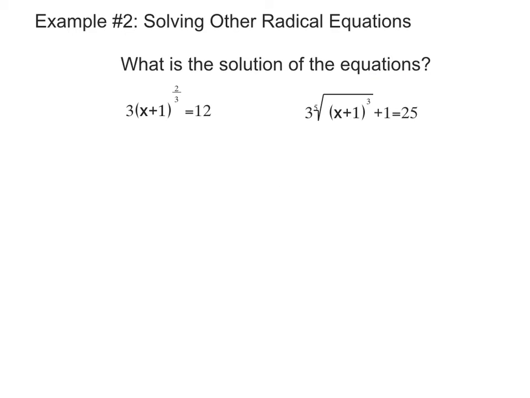Alright, so we have two problems here. It says, what is the solution of the equations? So again, the very first thing we want to do here is, well, first what you should see is that there is a 3 being multiplied to a base that's raised to a power. And the only thing we want to see on one side, just like how we wanted to isolate the radical, we want to isolate the base and the exponent. So we need to divide by 3.